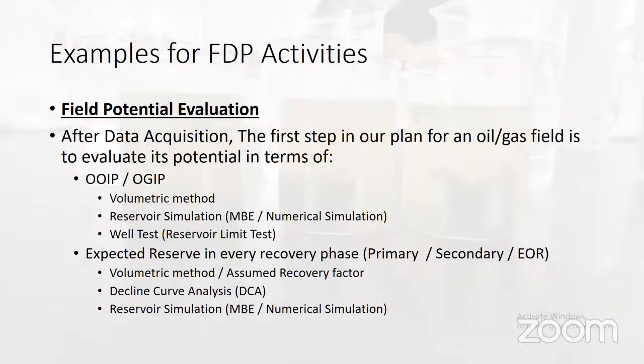In that case, material balance will give you accurate results. If you have very high viscosity and very low permeability, the material balance results won't be valid, and you must go to numerical simulation.